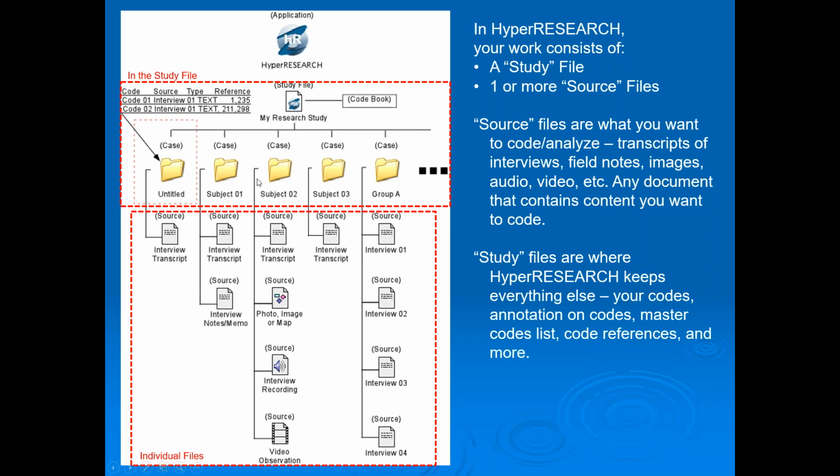And that will let you filter and see, 7 out of my 15 cases had these behaviors, had these codes, so that you can compare one case to the next, essentially using our analysis tools.